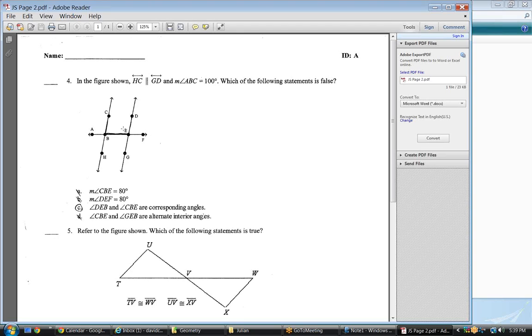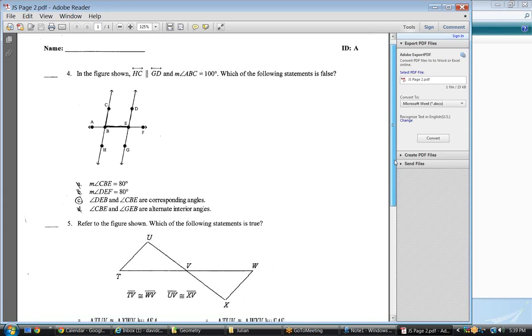So those two angles are supplementary. They add to 180. Corresponding would be DEB and CBA. Oh, okay. And they would be equal. DEB is equal to CBA because they are corresponding. But C is not correct.